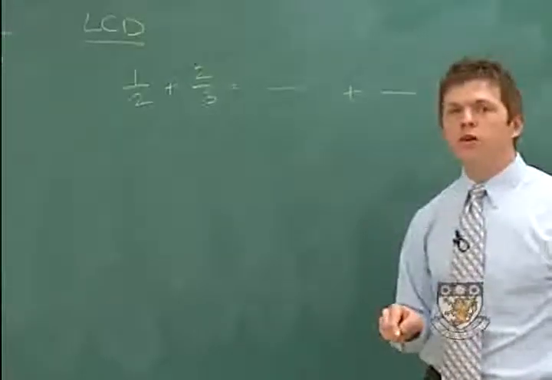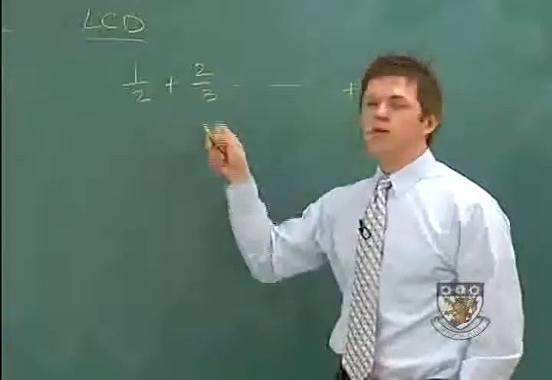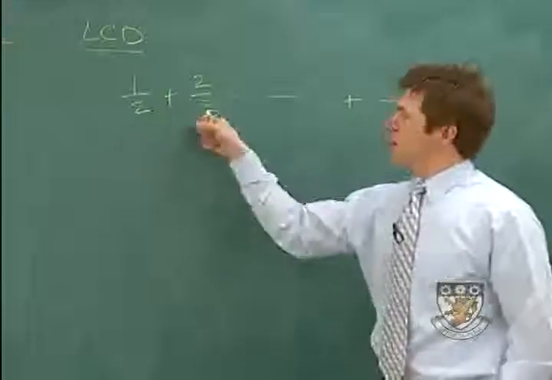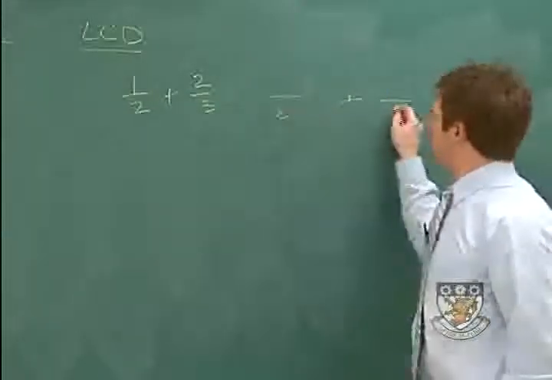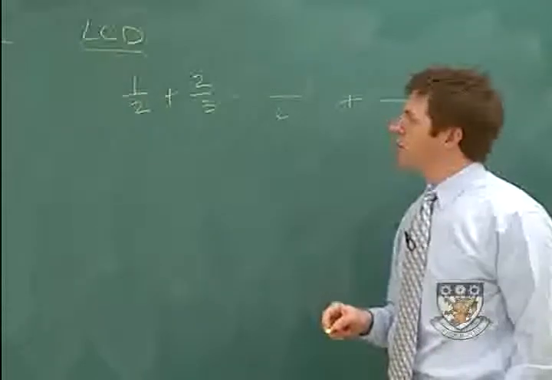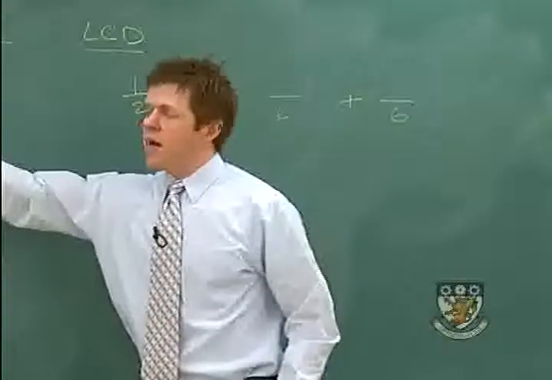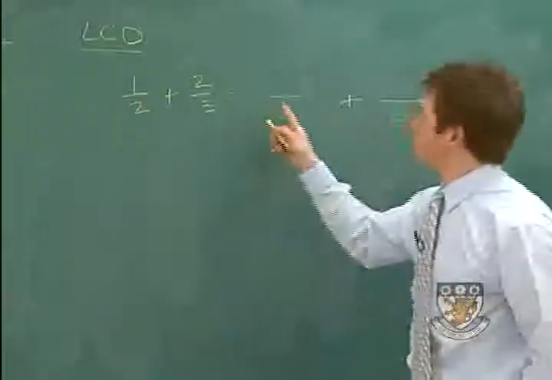What we then do is look for the smallest number that both of these numbers multiply into. 2 times 3 is 6. That's our least common denominator.